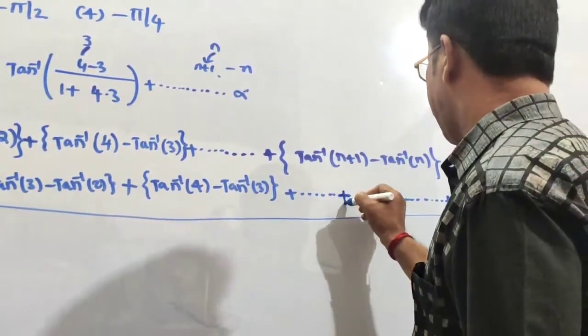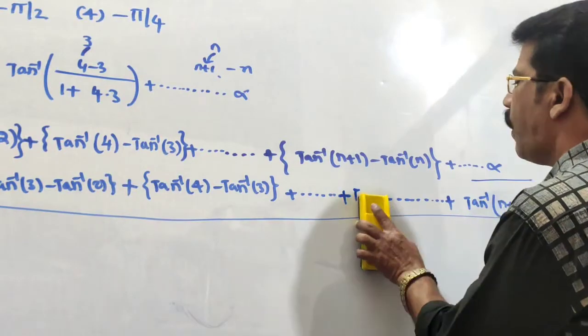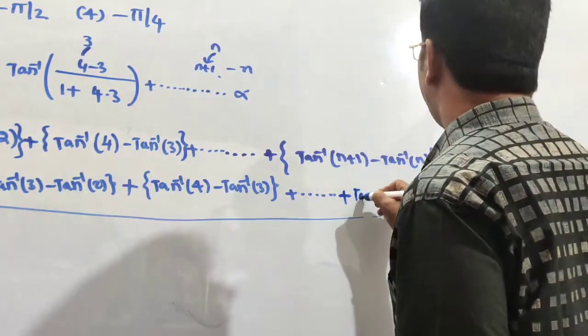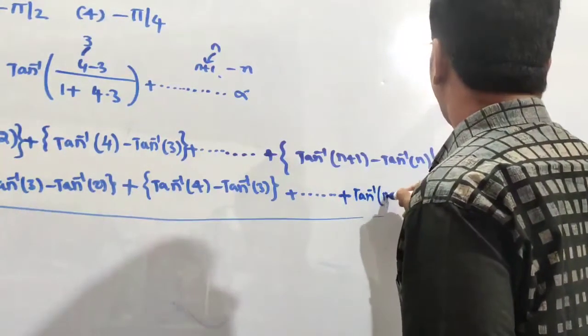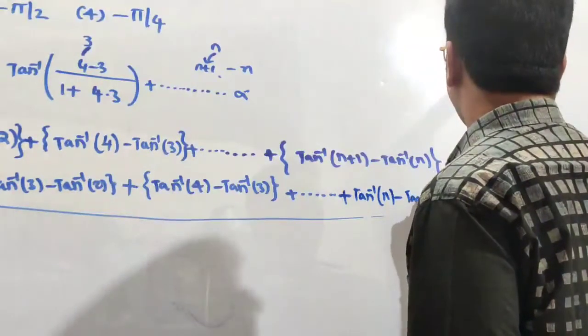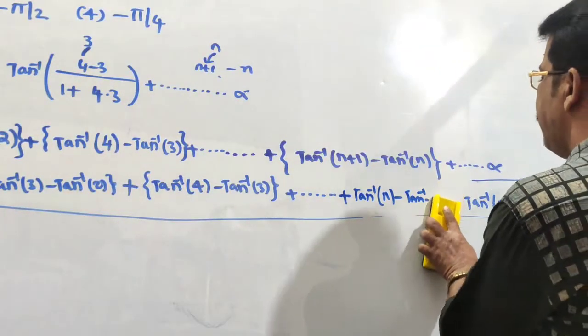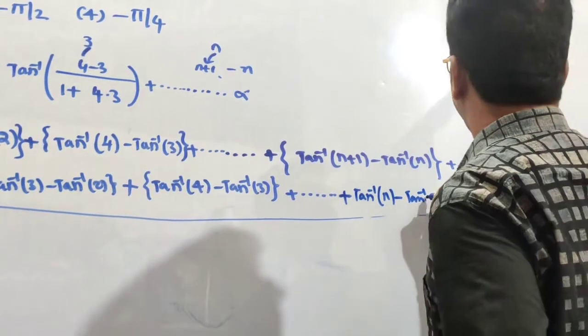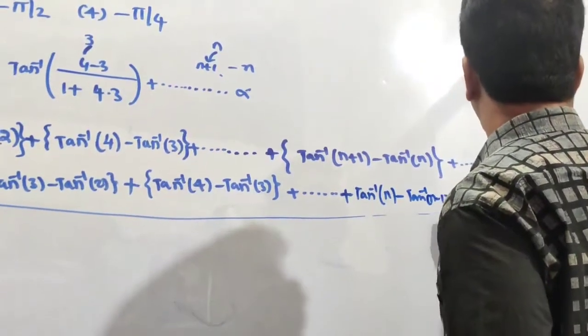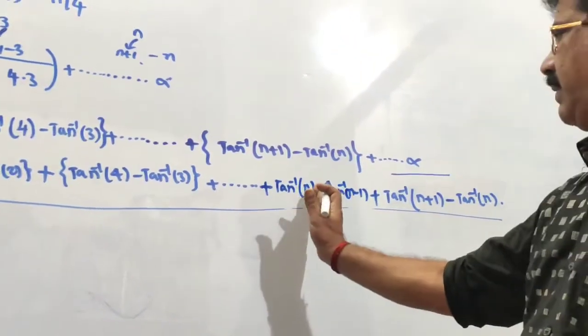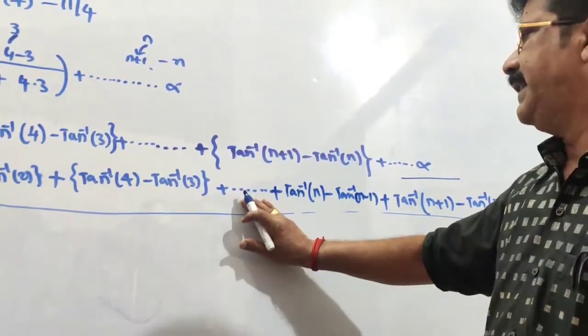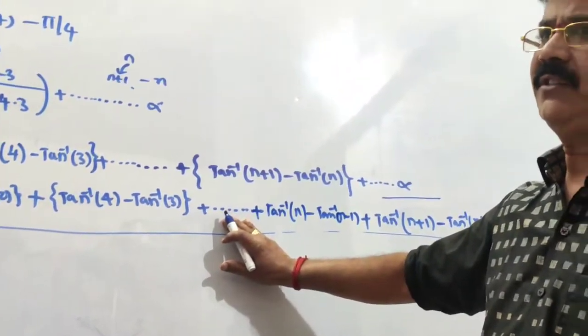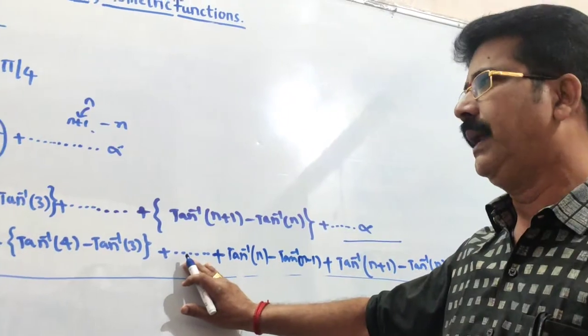Its preceding term will be tan inverse of n minus tan inverse of n minus 1. Next, what is its preceding term? Tan inverse of n minus 1 minus tan inverse of n minus 2. Like that.